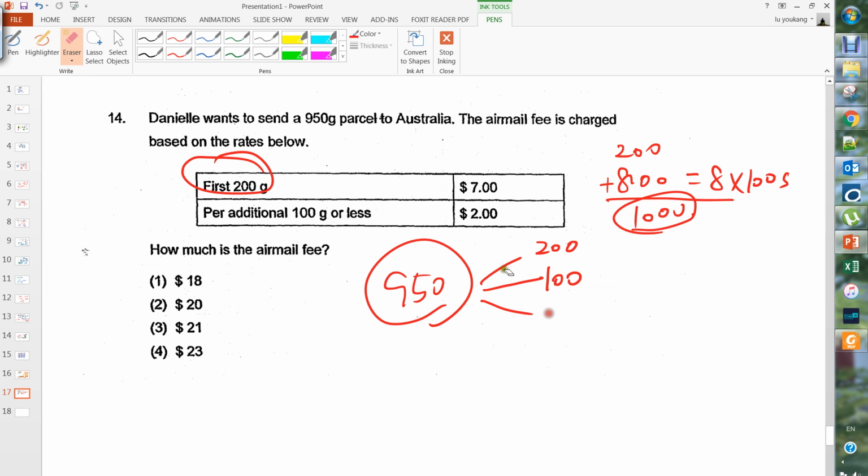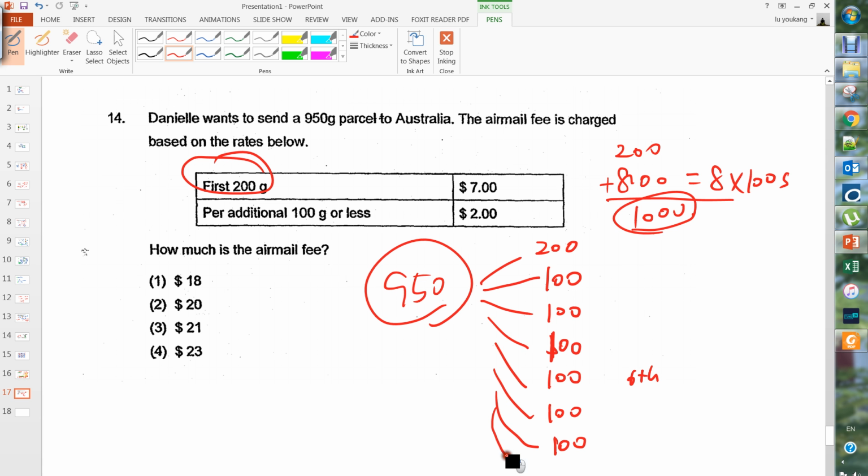That means in your mind, you should think of this as my 400, and this is my 500. This is my 600. This is my 7th, this is my 8th, and this is my 9th. So the rest is 50. That's how I distribute, right?